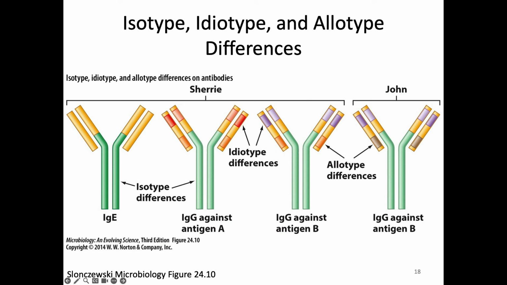And the idea here is that there might be other genetic differences between Sherry and John. Maybe Sherry has a mutation that changes the amino acid here. And so her antibody isn't actually totally identical to John's because these are just 2 genetically different individuals. And so we would call these antibodies that are otherwise the same isotype, same idiotype, but just different from person to person, different in allotype.